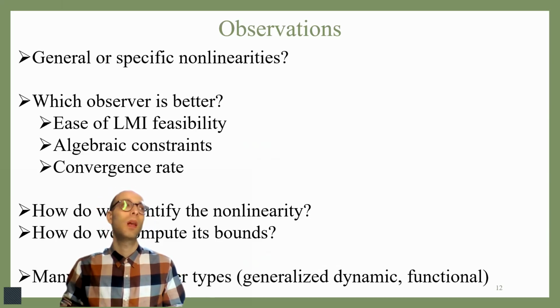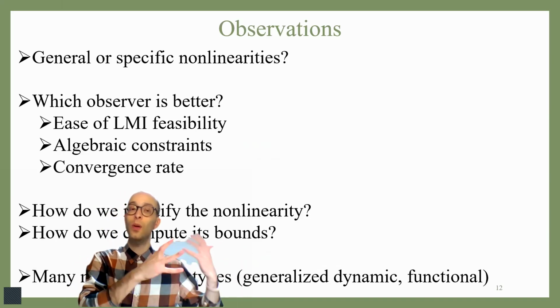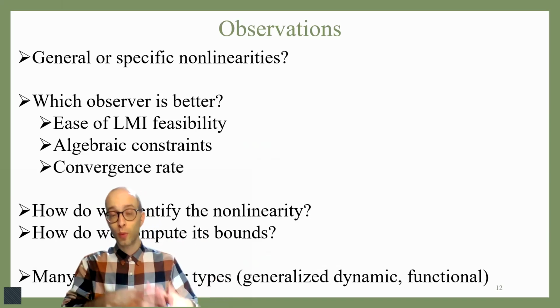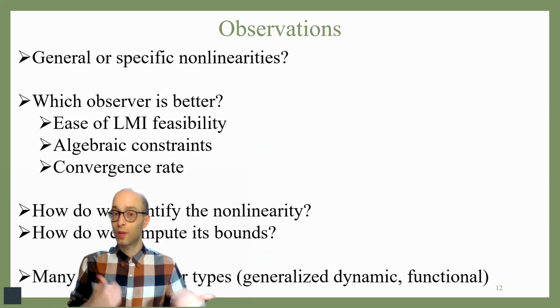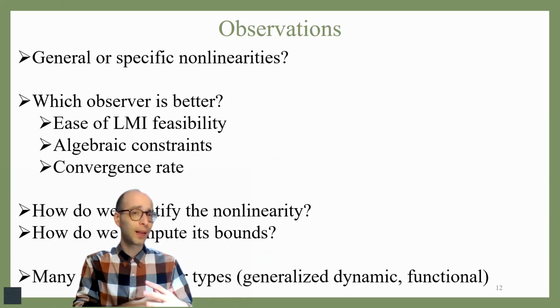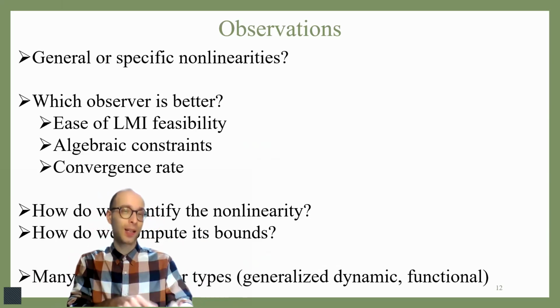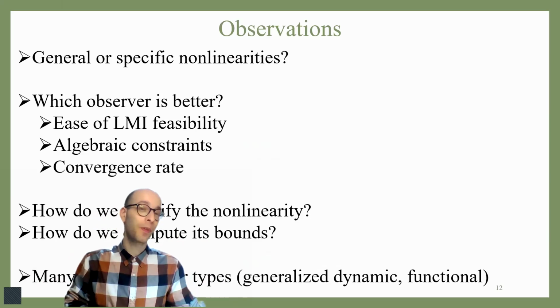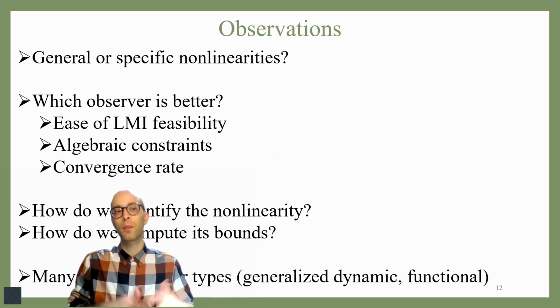Let me explain. If you design an observer for a very general category of nonlinearities, basically you will have an observer that works under most families of systems. So this is a very good thing. You want to go towards that direction. But if you choose to design an observer for a very, very specific type of nonlinearity, this observer will not work under most systems.